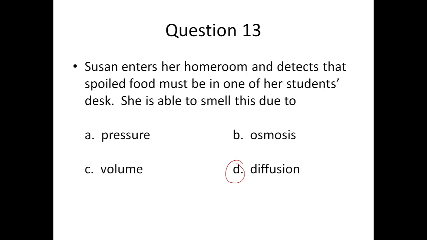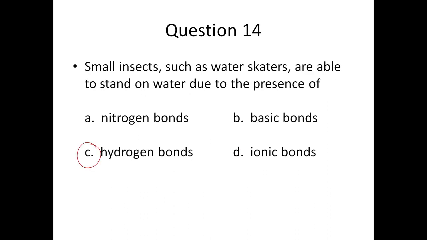Question 13. Susan enters her homeroom and detects that spoiled food must be in one of her students' desks. She is able to smell this due to, yes, diffusion, not pressure, not osmosis, not volume, but diffusion, and the answer is D. Question 14.